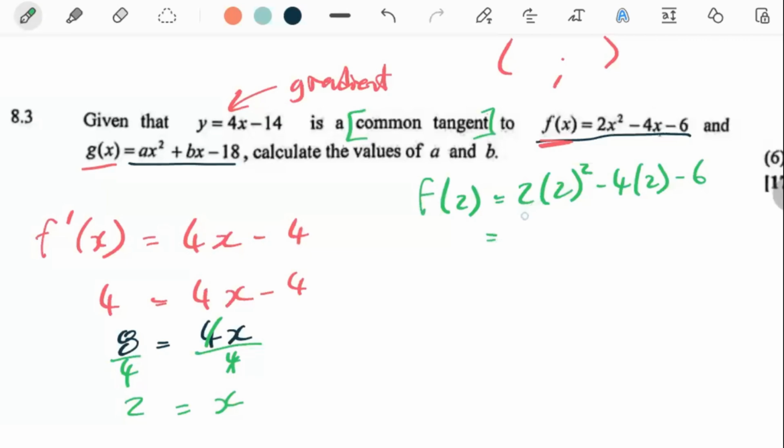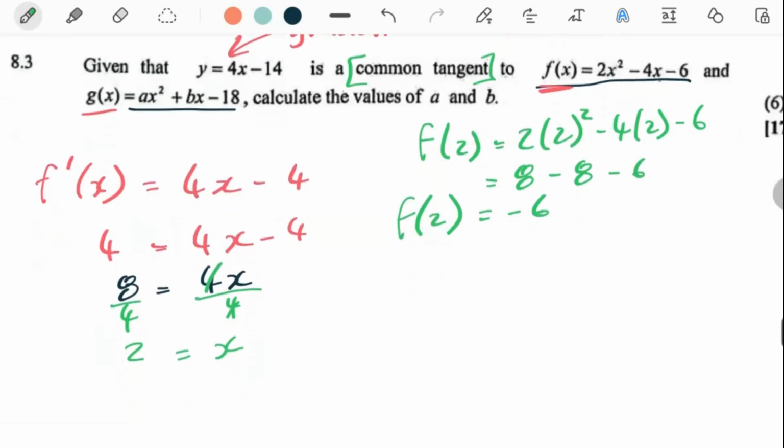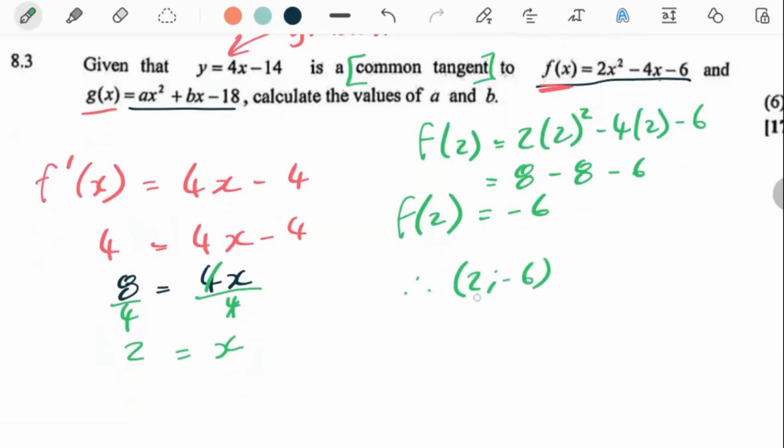This is 4 times 2, this is 8 minus 8 minus 6. So minus 6 is the y value, where the x value is a 2. Now we have a coordinate, 2 and negative 6. That's a coordinate where both graphs meet, a point where both graphs meet this common tangent, as they say.